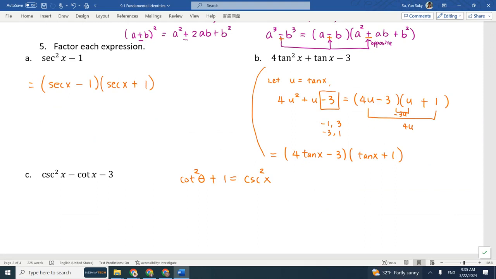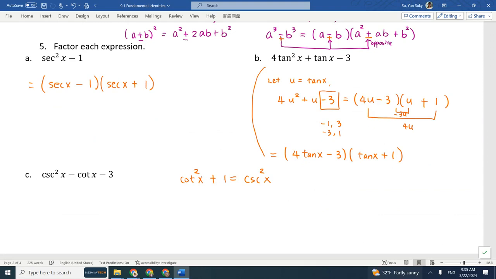Now we think: can we express the cosecant squared in terms of cotangent, or express the cotangent in terms of cosecant? If you express cosecant squared in terms of cotangent, you replace it by cotangent squared plus 1, so we get a nice expression. But if you try to express cotangent in terms of cosecant, you need to move the 1 over and take square roots.